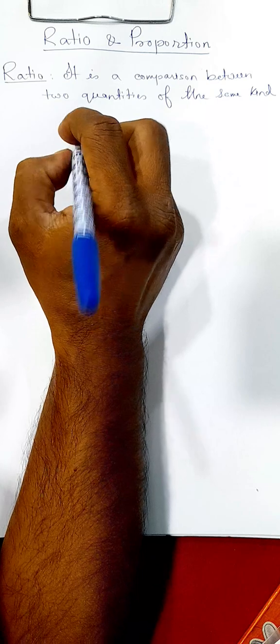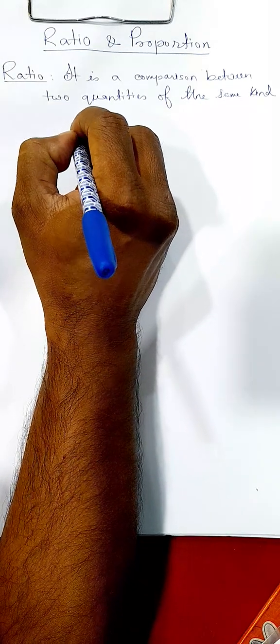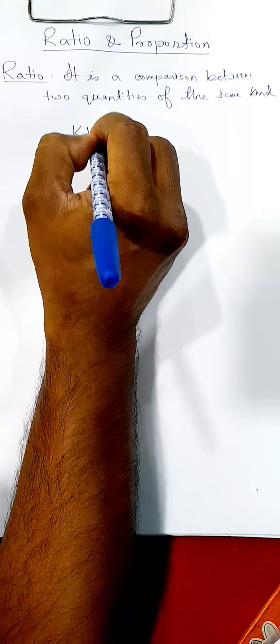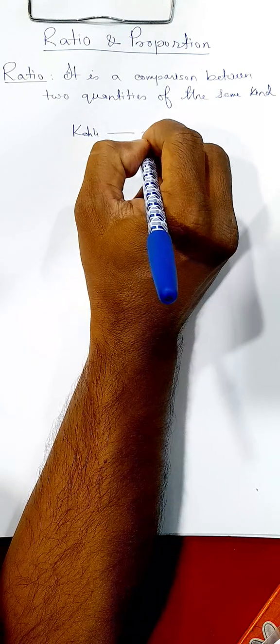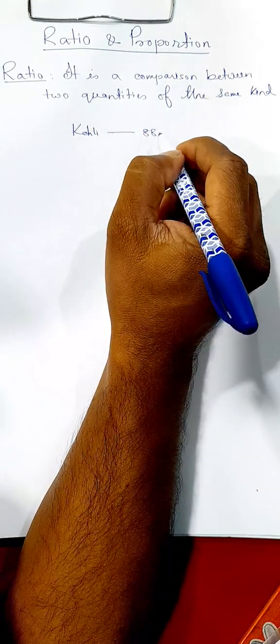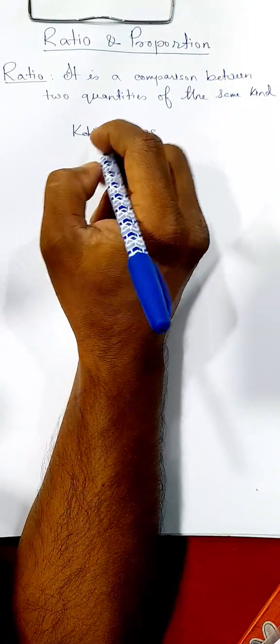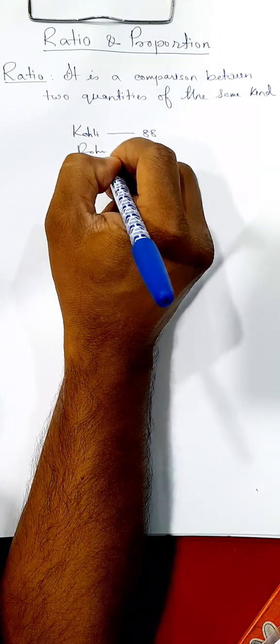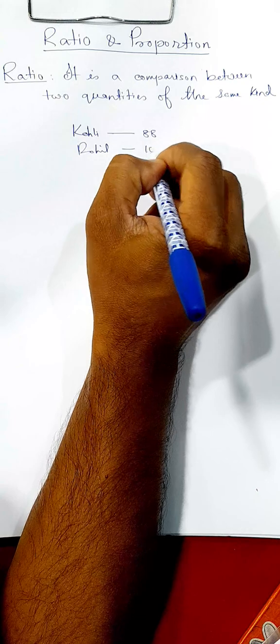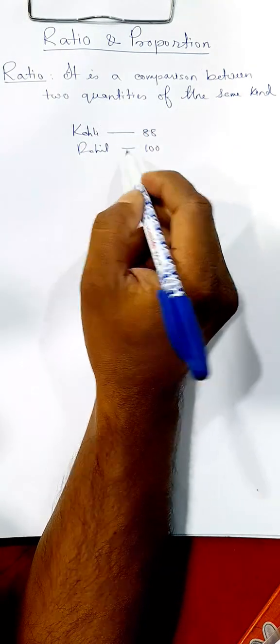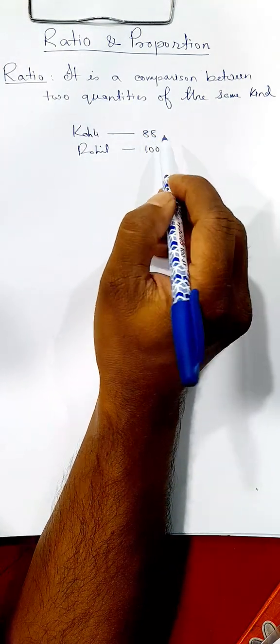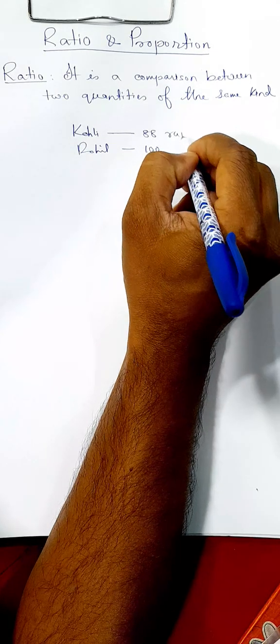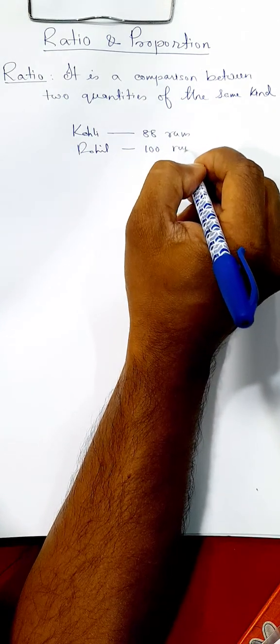Say for example, Kohli made 88 runs in an innings. In the same innings, Rohit made say 100 runs. Now these are quantities of the same kind, 88 runs and 100 runs.